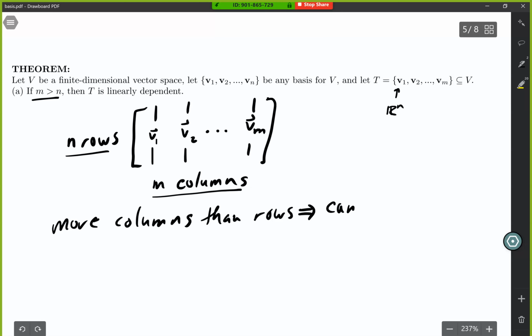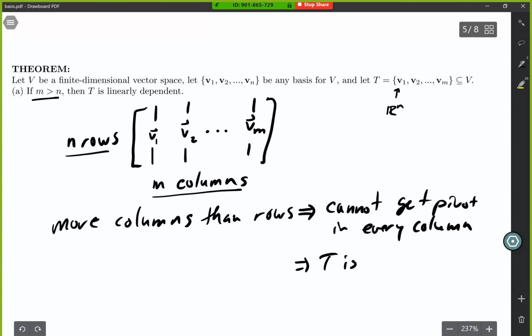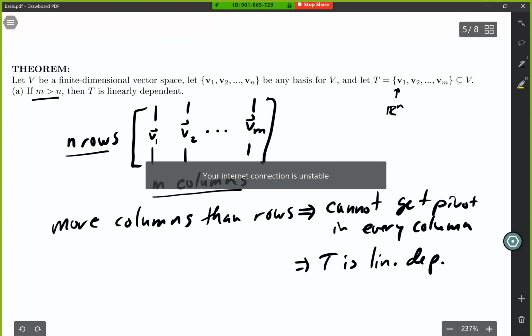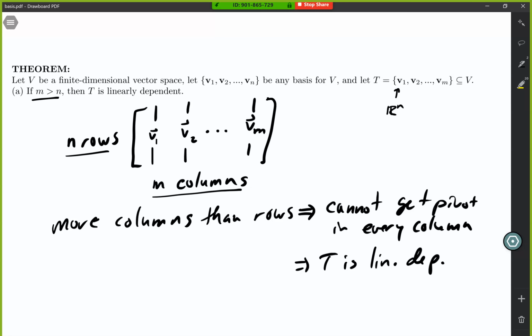No. So that tells us that the set is not linearly independent, or it's linearly dependent. Does that make sense?